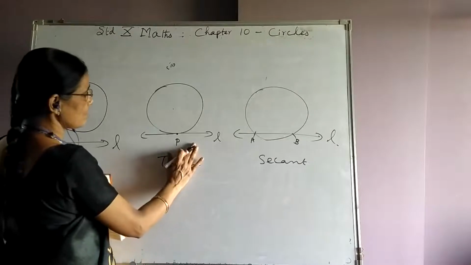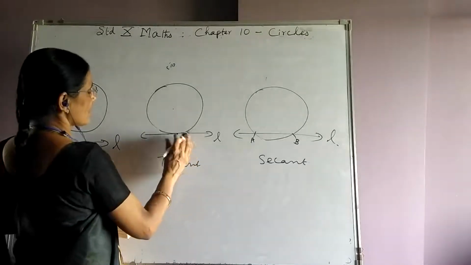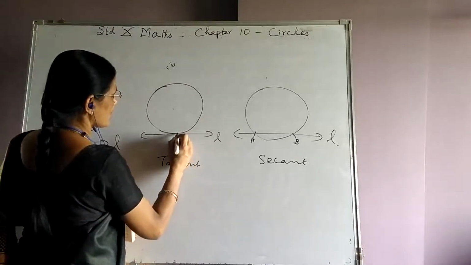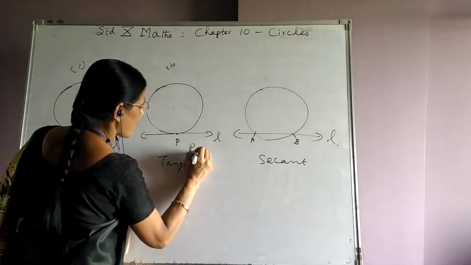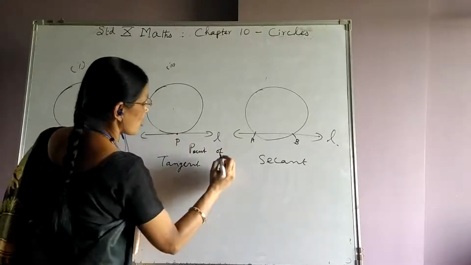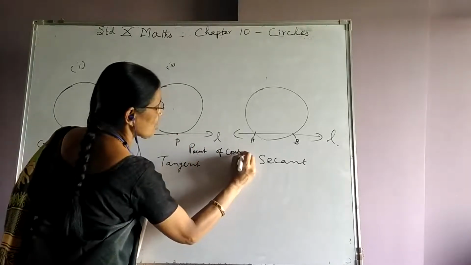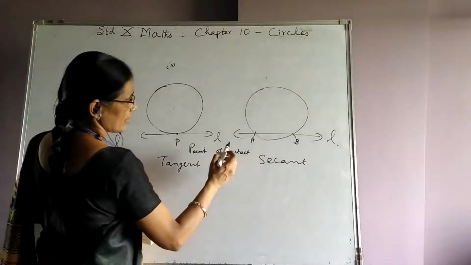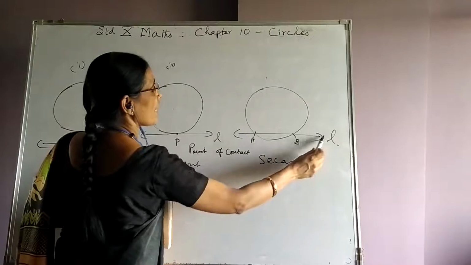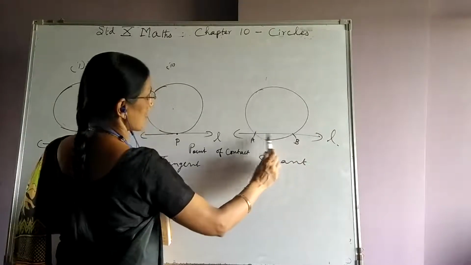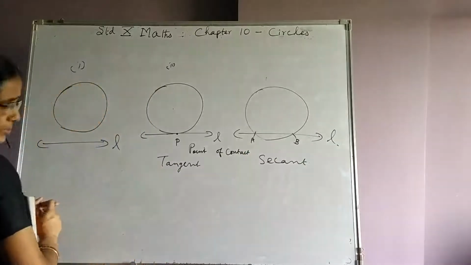Tangent is a line which intersects the circle at only one point. This point of intersection, that is P, is called the point of contact. And here the line L is called a secant of the circle because the line intersects the circle at two distinct points.